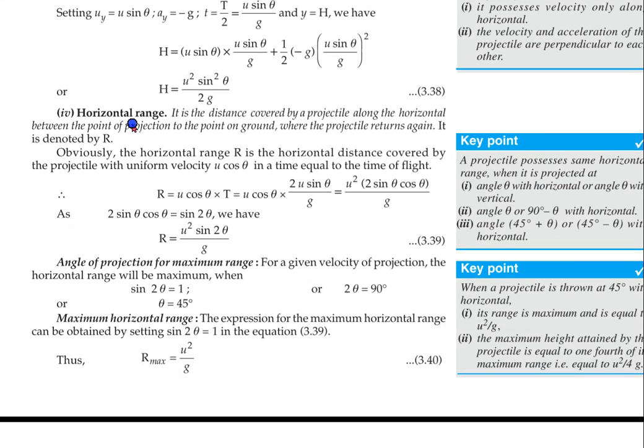So this horizontal distance is R, the horizontal range. I will not derive this one. I think you can derive it, but it's not necessary to derive it. We have to know the formula, the horizontal range, and this is the maximum height. We have to know these clearly.